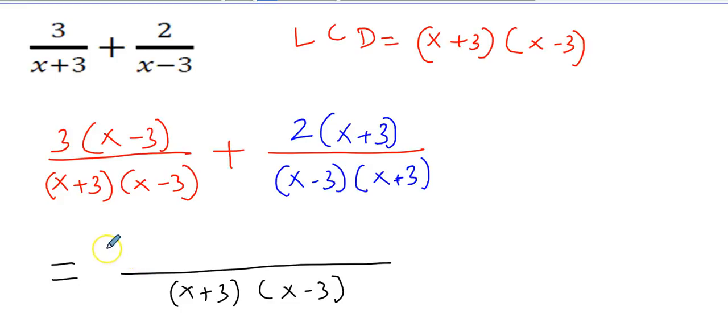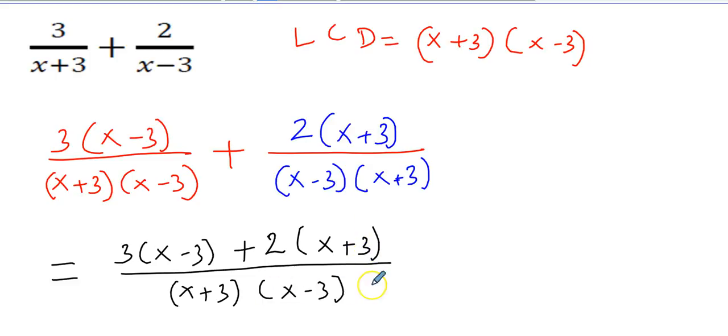Just copy the numerator, which is 3 times x minus 3. There is a plus. Now this denominator is already considered, that we are saying that it is the common denominator for both the fractions. So I have a plus, and then the leftover numerator is 2 times x plus 3.